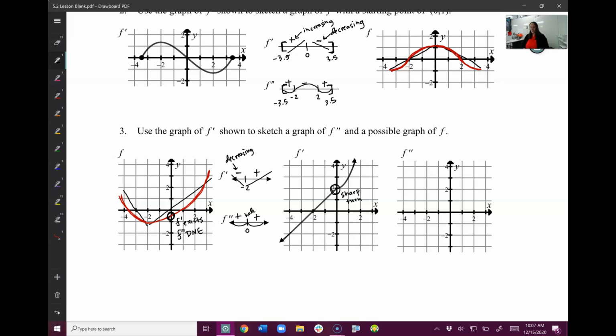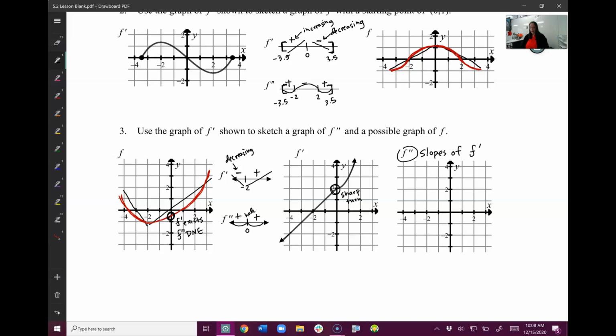Now, it does also ask us to sketch a possible graph of f double prime, that's what I meant to say, of the second derivative. So remember, the second derivative would be the slopes of the first derivative. So let's look at the first derivative and check out the slopes.